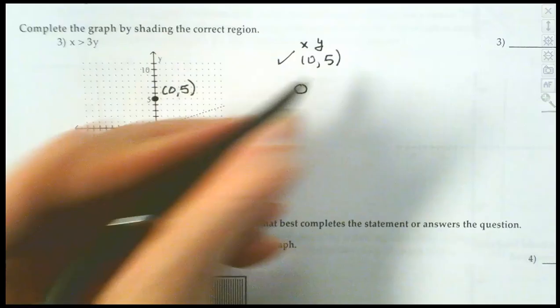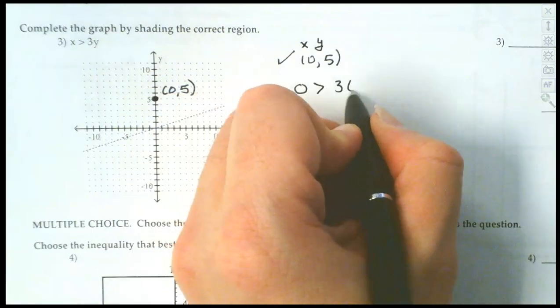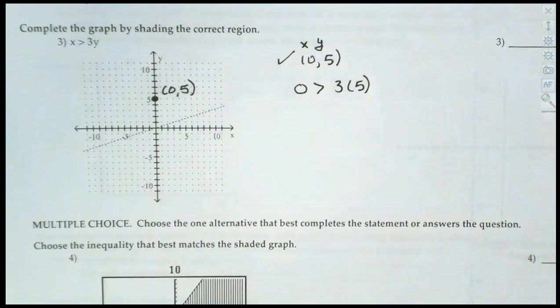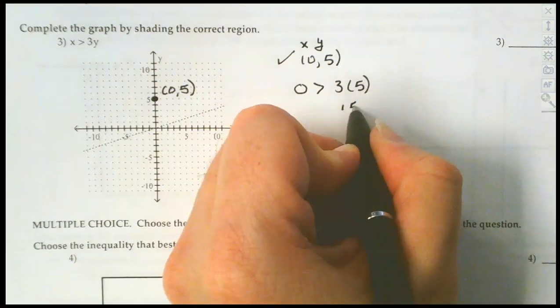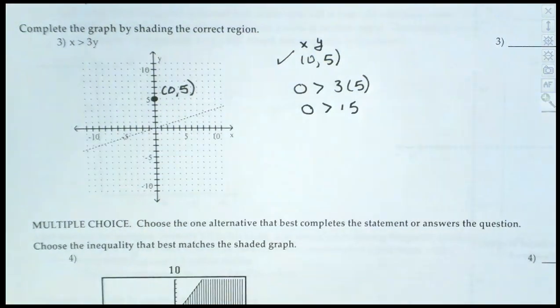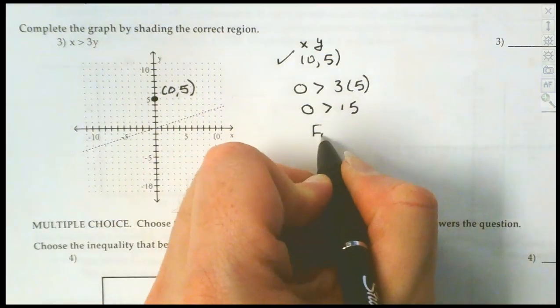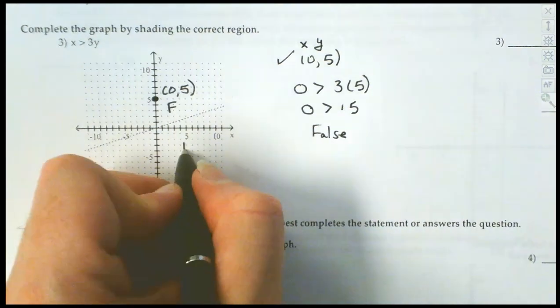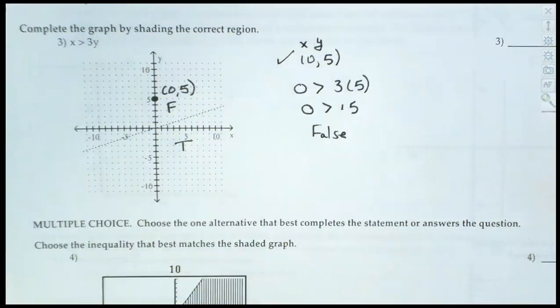And let's see what we've got here. Plug in your x value, plug in your y value, and 3 times 5 is 15. And is 0 larger than 15? Nope, that is clearly now false. So that means this half is false, the lower half is true, and where do we shade?